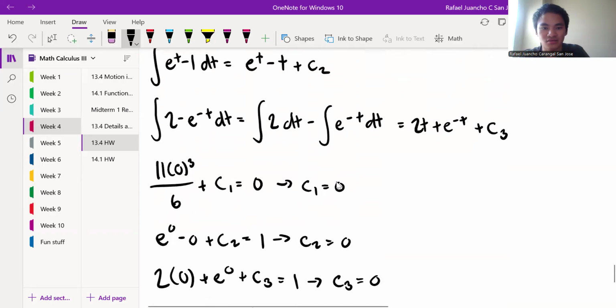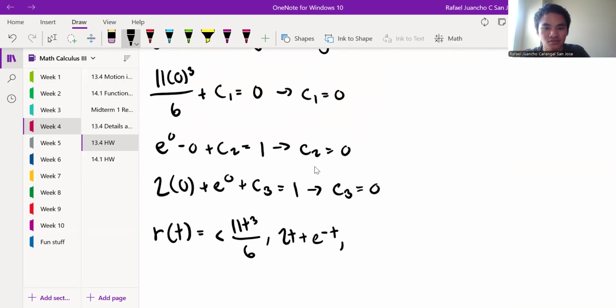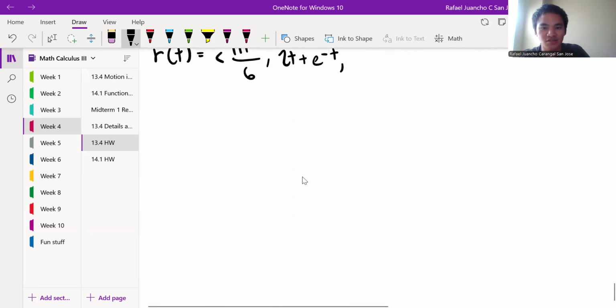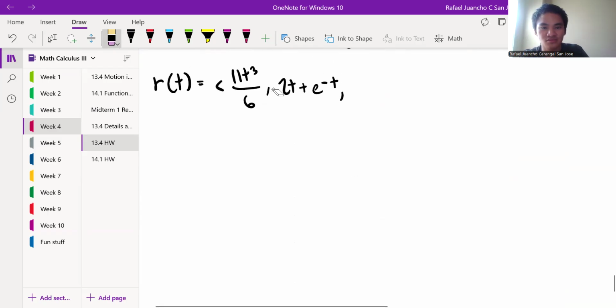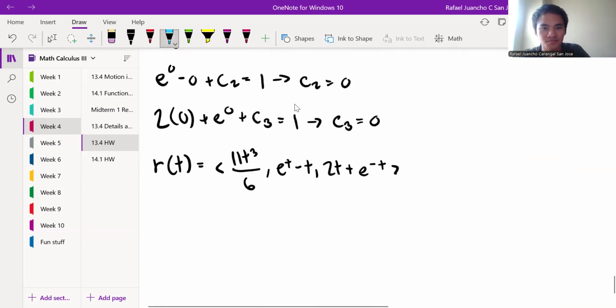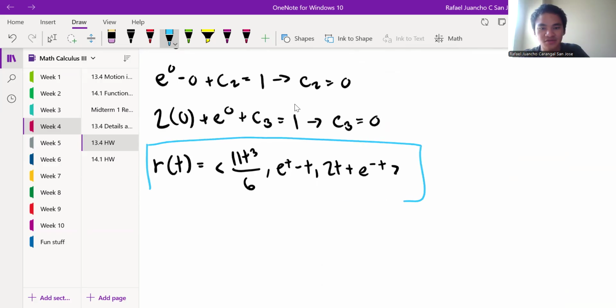Oh, I completely missed this: e to the t minus t first. And there we go. Done. That's my position vector.